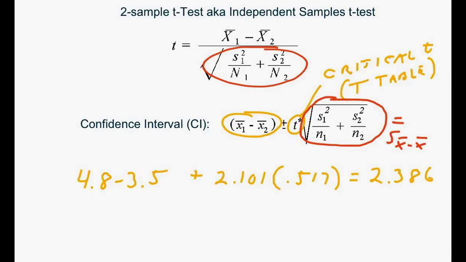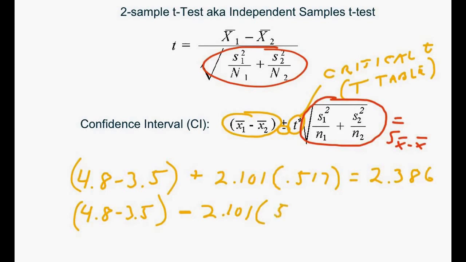Then we do the same thing, but we subtract. So we're going to take 4.8 minus 3.5, that's the difference between the means, and we're going to subtract 2.101 multiplied by the standard error of the difference between two means.